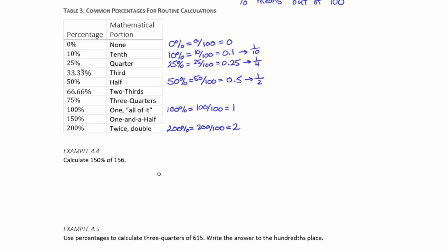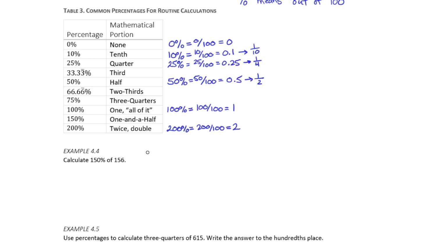So example 4.4 asks us to calculate 150% of 156. So how many of 156 is 150%? First of all, we see in this table 150% is 1.5. This gives us a few different strategies to attack this, but we want to use percentages in this lesson, so we're going to use percentages.